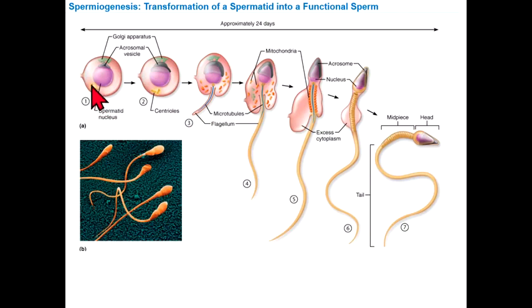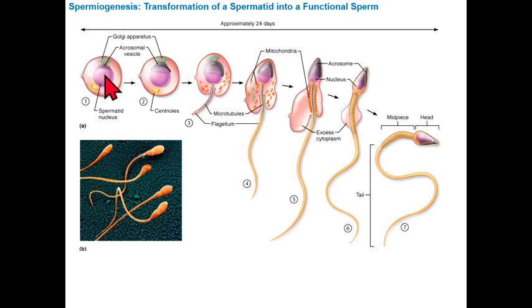So here's just spermiogenesis, which takes approximately 24 days. That's transformation, which we saw on the previous slide, transforming a spermatid into a functional sperm. So there's our spermatid. There's the nucleus, centrioles. Here we see an acrosomal vesicle, which we'll get into more a little later.